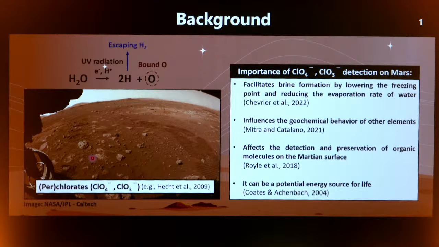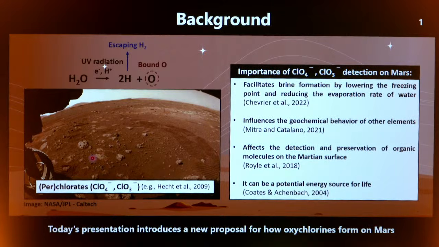And finally, they can be a potential energy source for life, as on Earth. So in today's presentation, I'm going to introduce a new idea of how these oxychlorines can be formed on Mars. And I'm also going to show some preliminary results from laboratory experiments that help to validate this new idea.